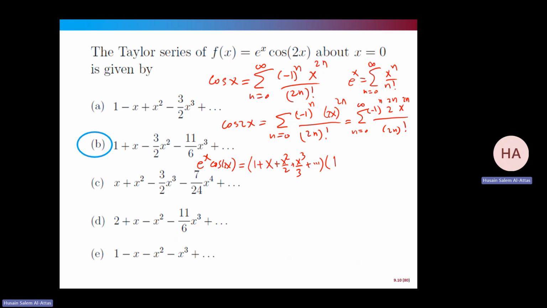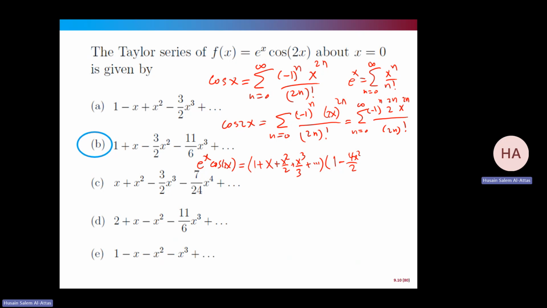At n equal 1, it will be minus 2 squared, which is 4, x squared over 2, which is 2x squared.